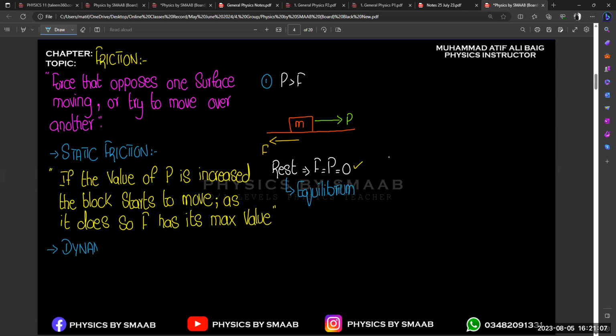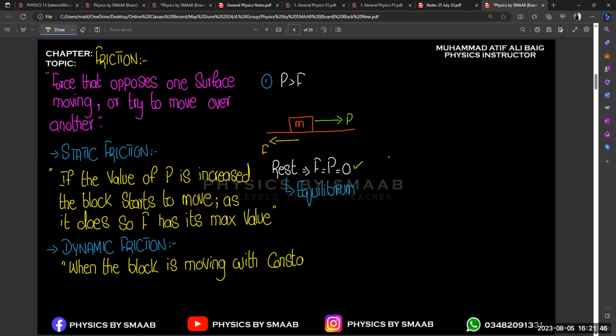If we talk about the dynamic friction, we can say that when the block is moving with constant speed, the object is with constant speed, so what will happen?